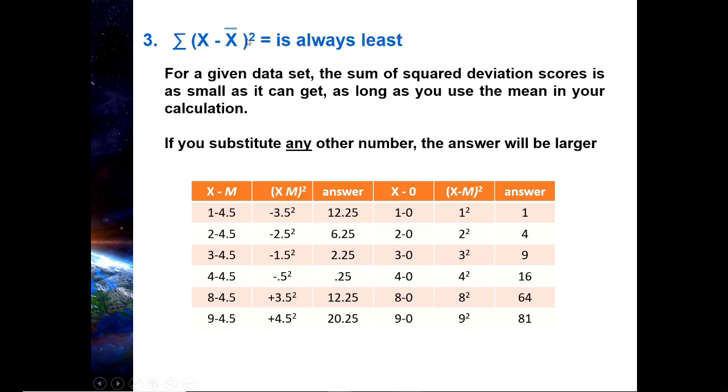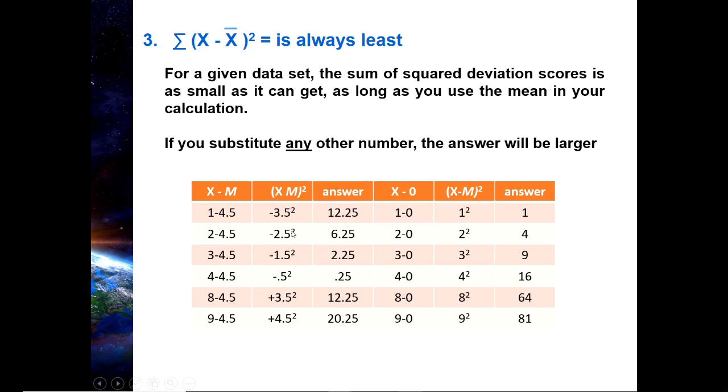But this says what we have to do is we have to square each and every one of them. That's why there's a little 2 here beside each answer. So we found what x minus x bar was. Now we have to square it, right? So when you square x minus x bar, here are the answers. So if we do minus 3.5 squared, we get 12.25.